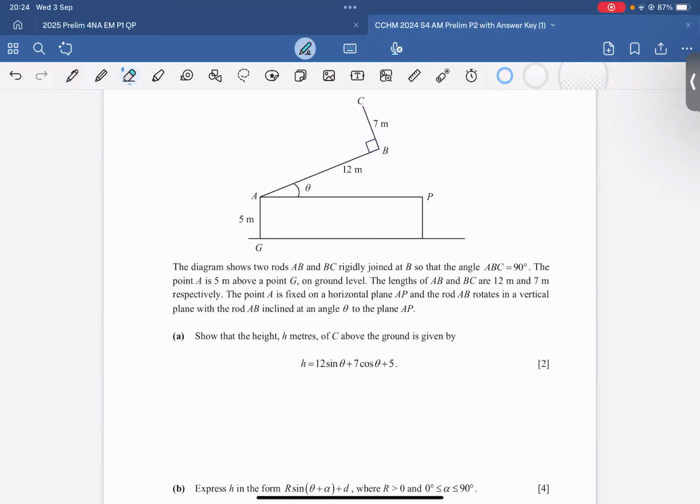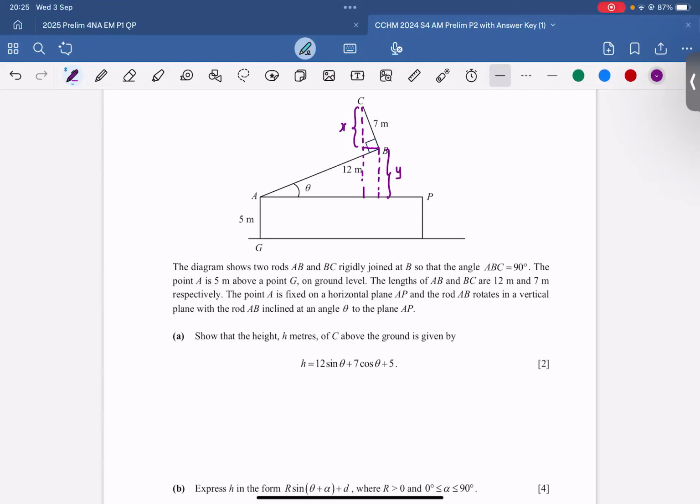So how should the lines be drawn? It should be drawn like that. There should be a horizontal line here, then this line come down. So basically this length, I can call it as x, and this length here, I call it as y.